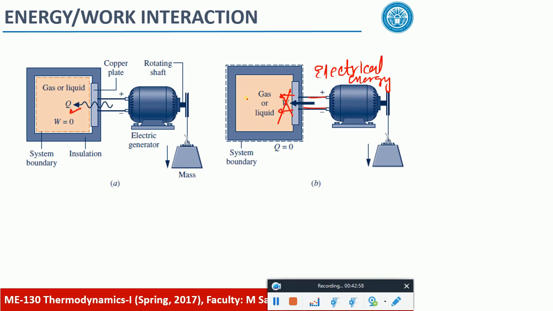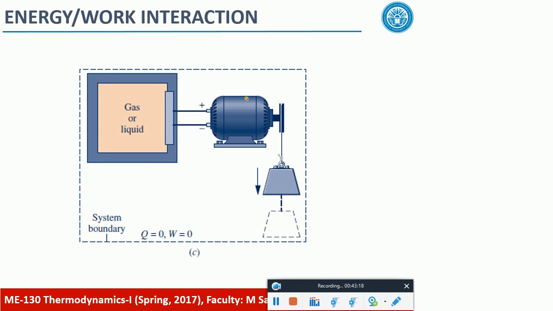This is something you should practice a lot: you need to demarcate the system and isolate it from the surroundings, and once you isolate it, you will be able to describe what kind of energy or work interaction it has with its surroundings, right? Now, let me go to this.